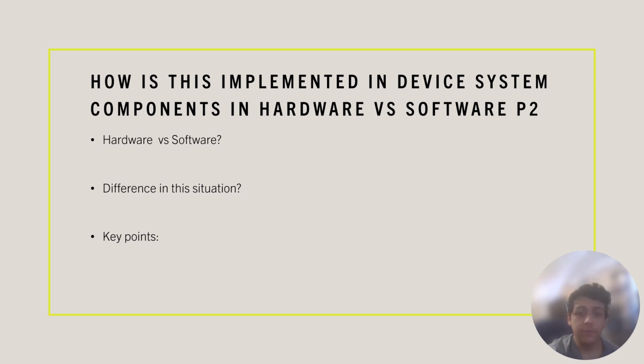Software interrupts are generated by programs or the operating system to request system services, for example system calls and exception handling. The key difference is that hardware interrupts are asynchronous while software interrupts are synchronous, which means they are executed within the CPU.